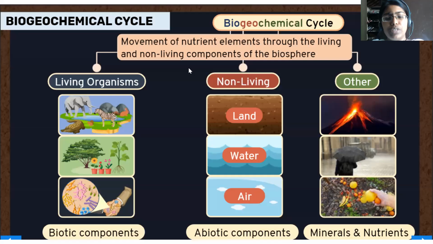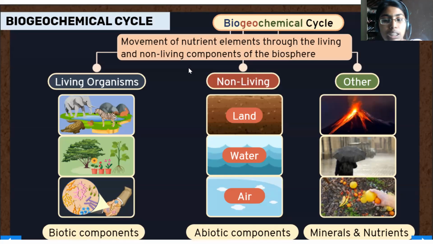Now we'll see what this biogeochemical cycle is. Bio means living organisms like animals, plants and microorganisms; all come under living organisms. We call them the biotic components. Then geo means geographical, that is land, water, air, fire.